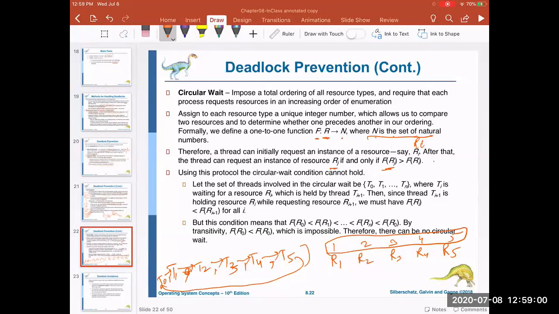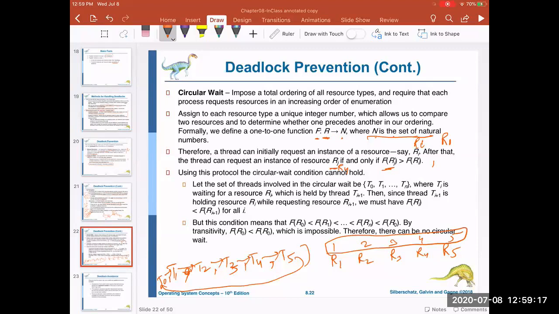So let us suppose this is R1, then it could request only R4. It cannot go back to R0 or so. It cannot request it.